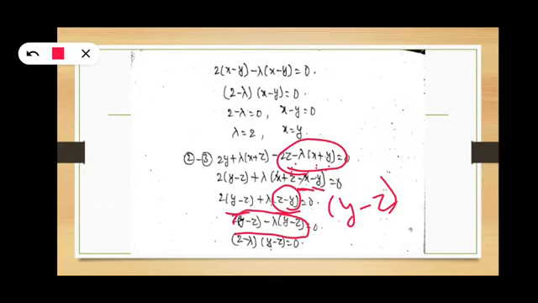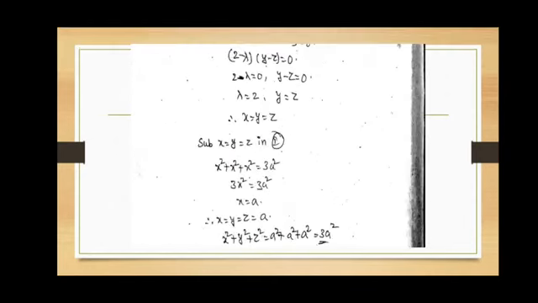That means 2 minus lambda is equal to 0 and y minus z is equal to 0. From this we write lambda is equal to 2 and y is equal to z.